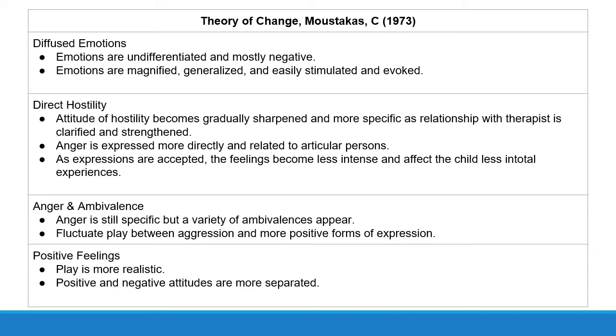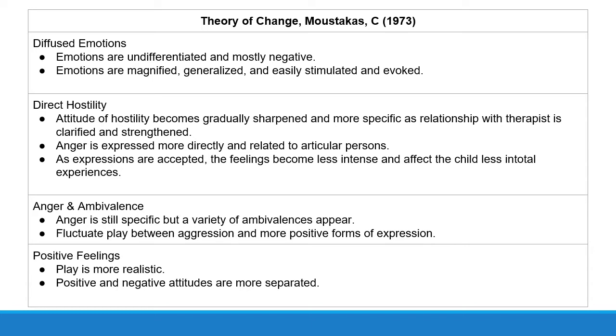All right, so here we go with Moustakas and his theory of change. Moustakas said that when kids are worked with in therapy, they go through this progression. At first, they start with diffused emotions. The emotions are undifferentiated, mostly negative, and maybe they're magnified or generalized or easily come out. Then we move into direct hostility. So it's no longer undifferentiated.